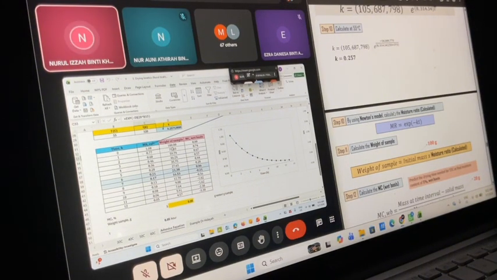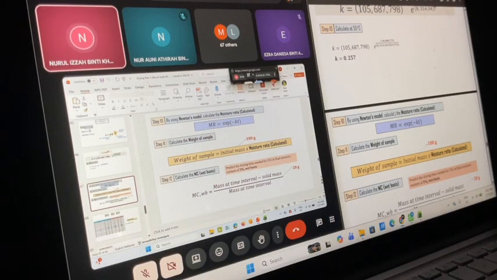And then you calculate the moisture ratio, and then you calculate again the weight of sample. Weight of sample, and then you calculate again the moisture on the wet basis.